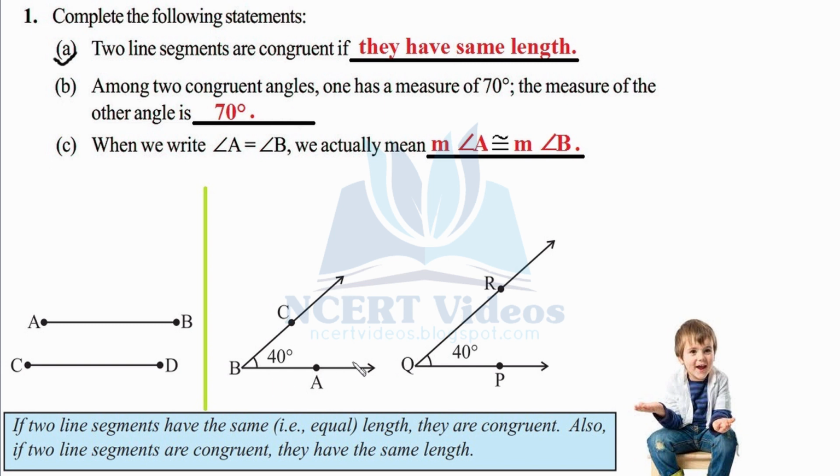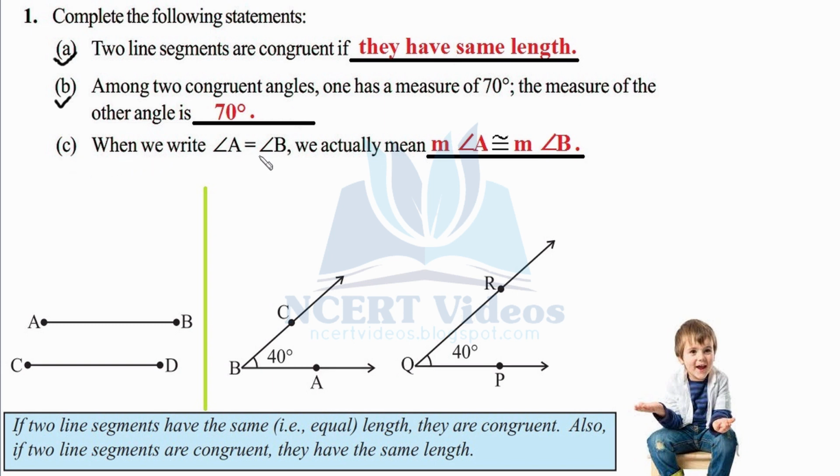That is, if this angle, angle CBA, is 40 degrees and there is another angle that is also 40 degrees, no matter how long their arms are, because we are only focusing on angles, this means if you hold this angle and place it over angle Q, then angle CBA will cover angle RQP exactly. So that is your B part.